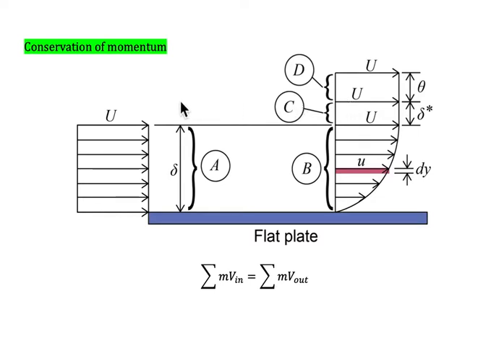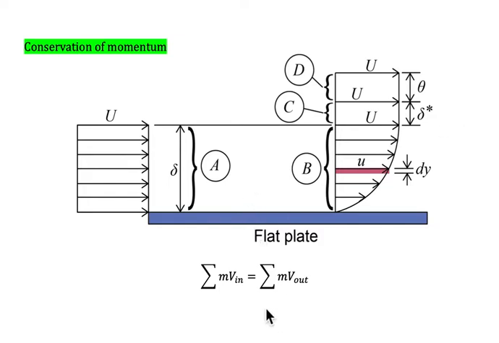For your information, the displacement thickness, delta star, and momentum thickness, theta, are imaginary thicknesses. This means that delta star and theta cannot be proved in experimental work. They are just a correction in our equation to make sure that our equation fulfills the conservation of mass and conservation of momentum.